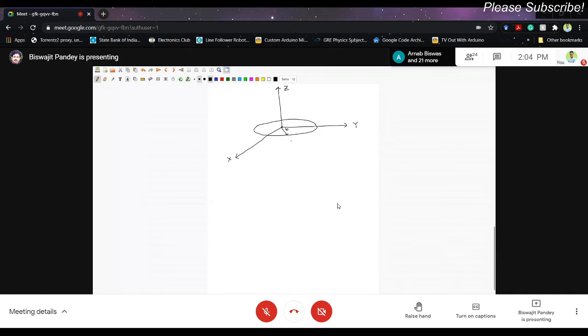So this is carrying some current, and we want to calculate, say, the field value at some point here. It can be here as well, anywhere.